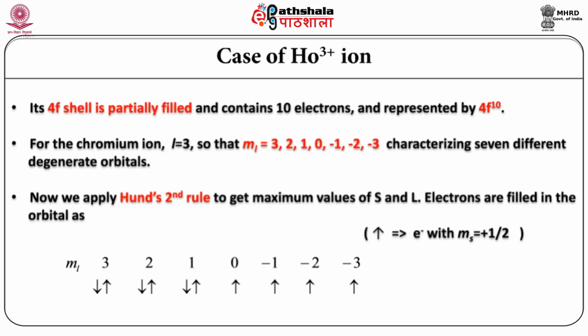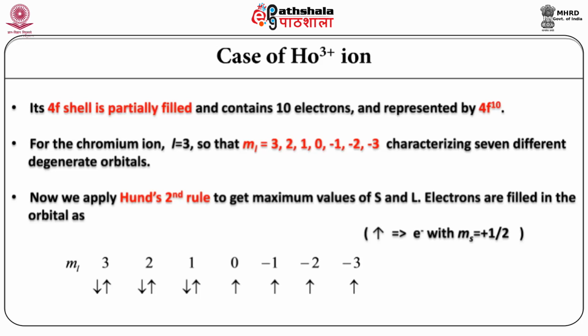So what we do is start with the up spin and fill them all up. Okay, so you've got 10 electrons. You place each of these up spin electrons in these levels, starting from 3, 2, 1, 0, minus 1, minus 2, minus 3. Now how many states are these? 7. So you are left with 3 electrons with down spin.